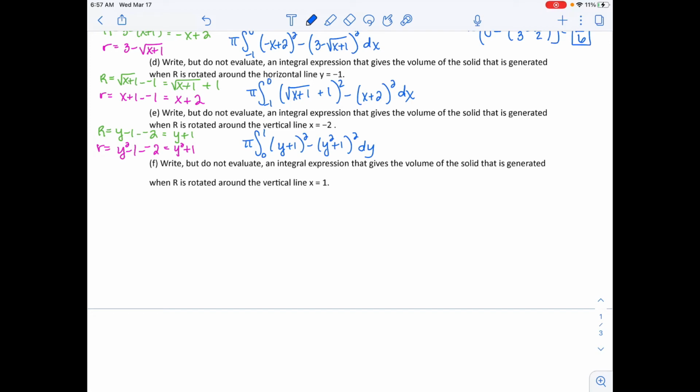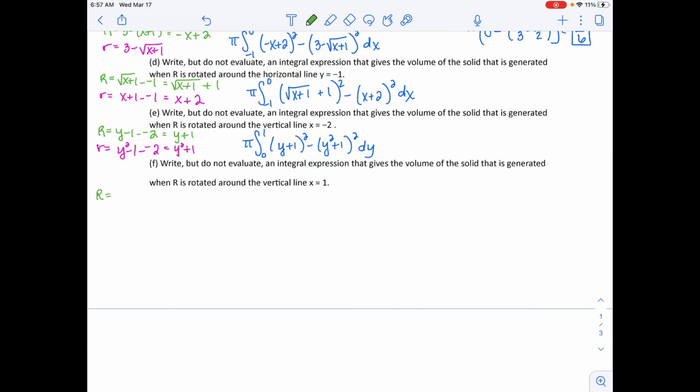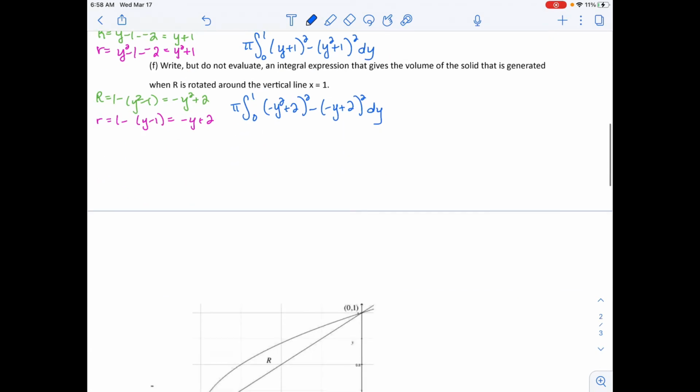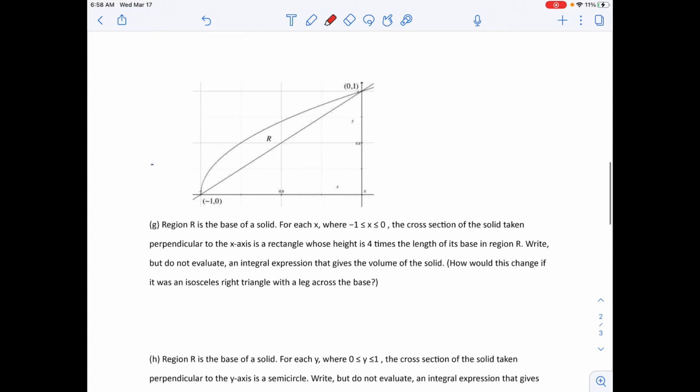I suggest you go ahead and pause and try to do that one on your own. All right, so now hopefully you have unpaused and you can check your work against mine. So for F, we got that.